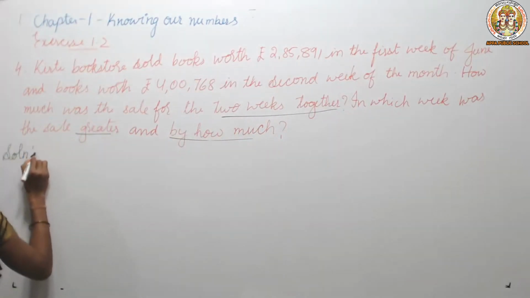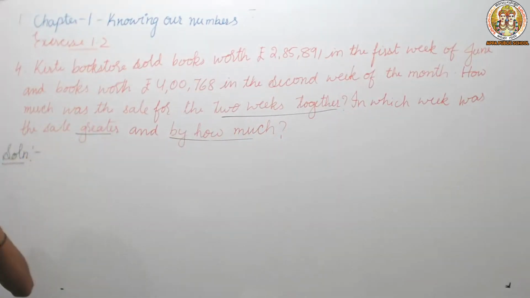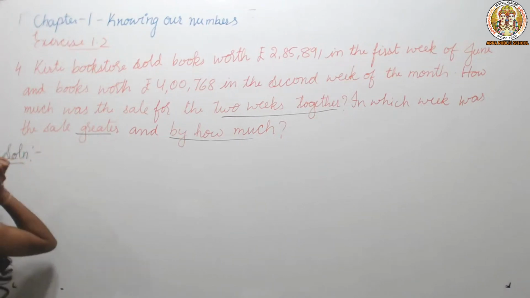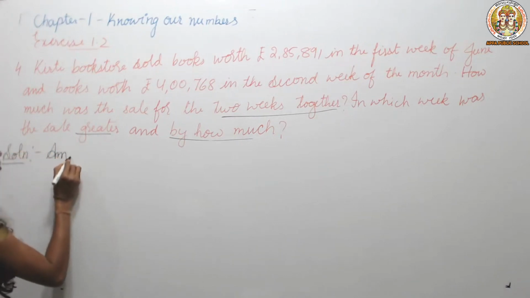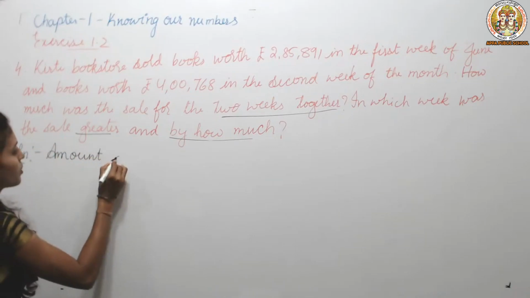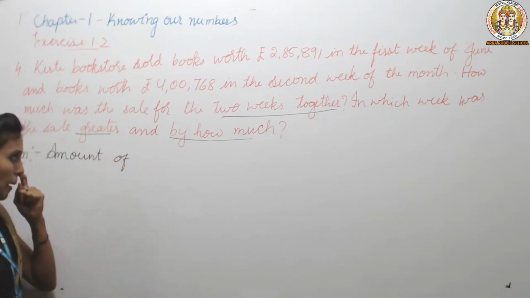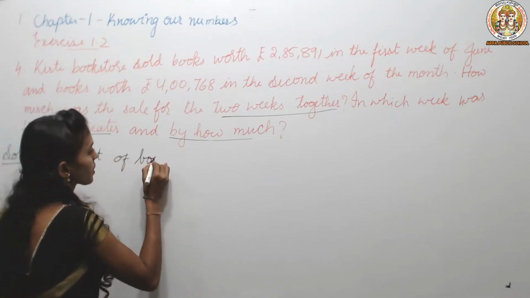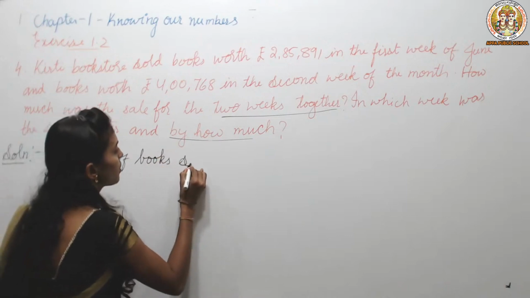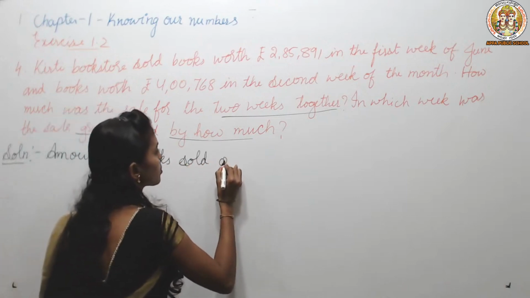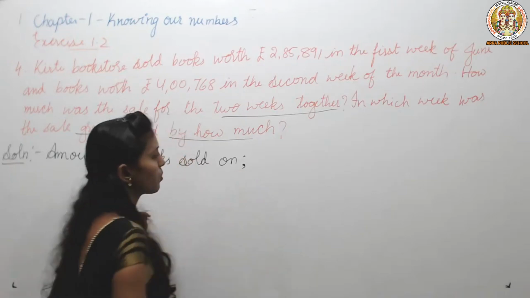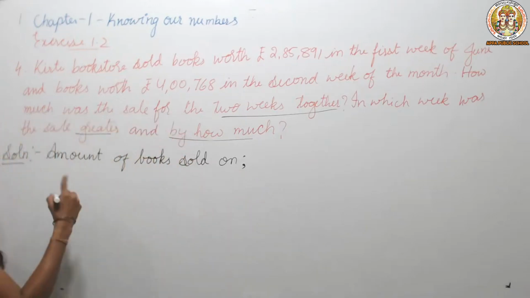See, we'll go for the solution. Amount of books sold on, this is the same for both these sentences.